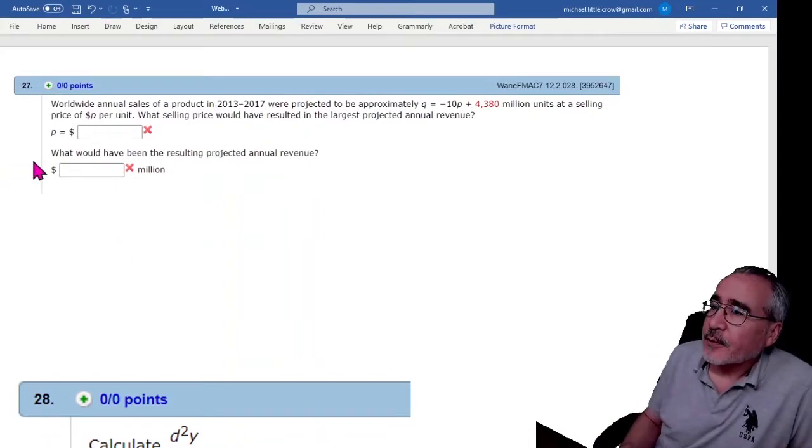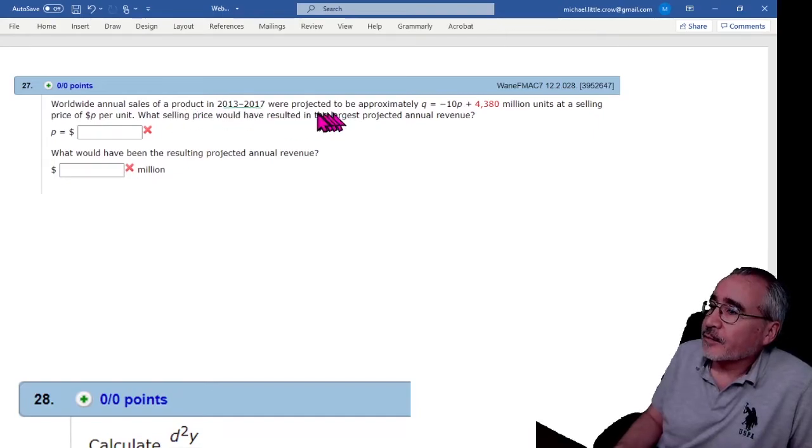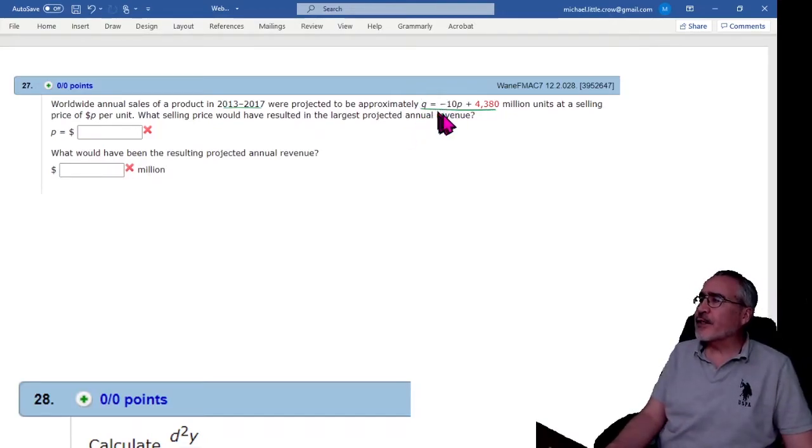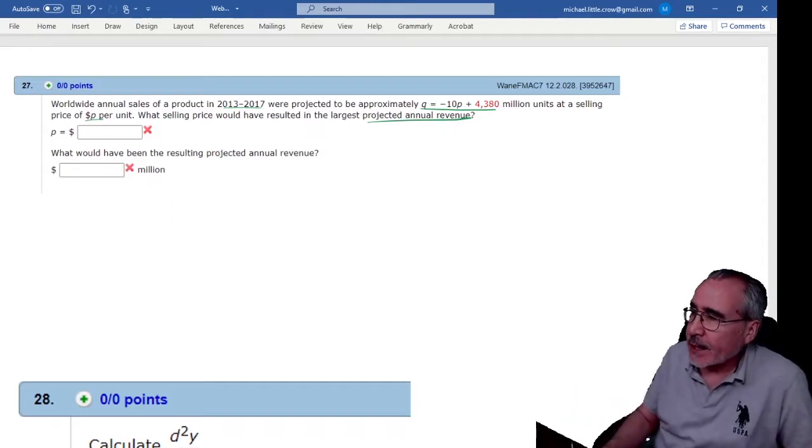Okay, a few more. Worldwide annual sales of a product in 2013 to 2017 were projected to be approximately this amount. So again, Q is sort of a demand function. This is how many millions of units we sold, and it gets sold at price P. What selling price would have resulted in the largest projected annual revenue? So notice for revenue, we do not need the cost.